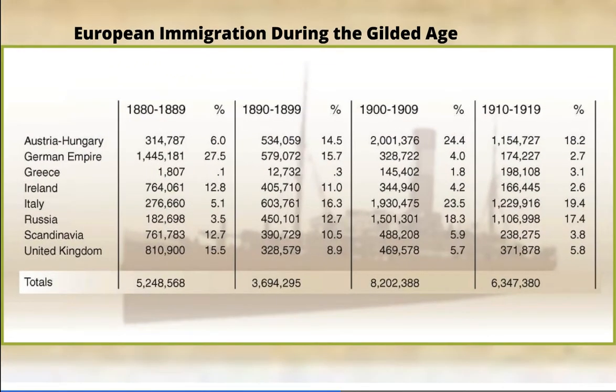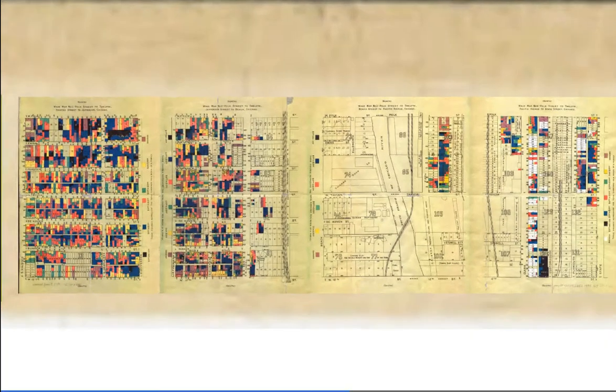European immigration increased tremendously. And if you look at where the immigrants are coming from, a lot more are coming from places like Russia, Italy, Ireland, the Austria-Hungarian Empire, and other areas. They weren't traditional white Northern European immigrants. So you have a lot of different types of people coming into the United States.